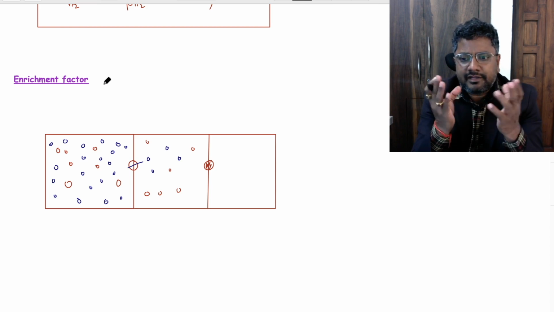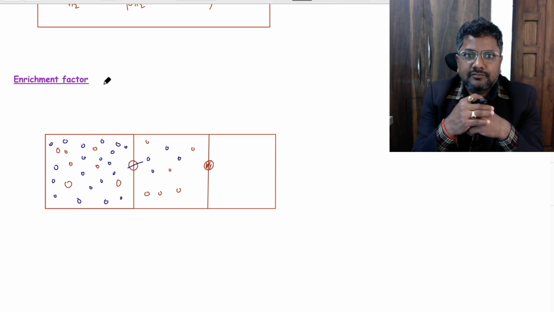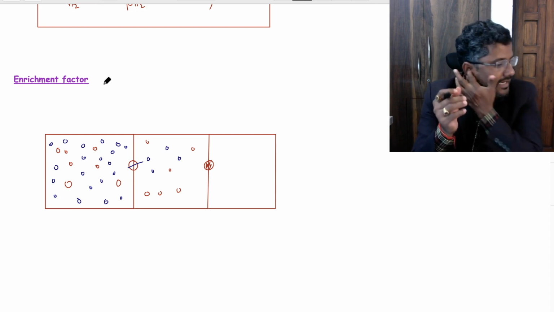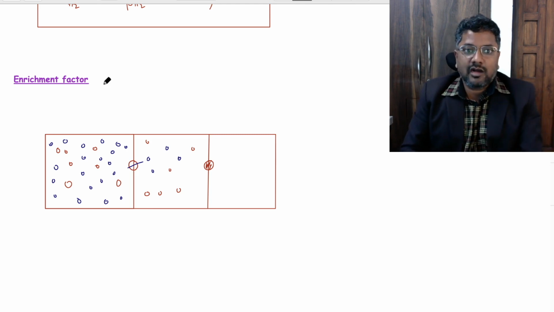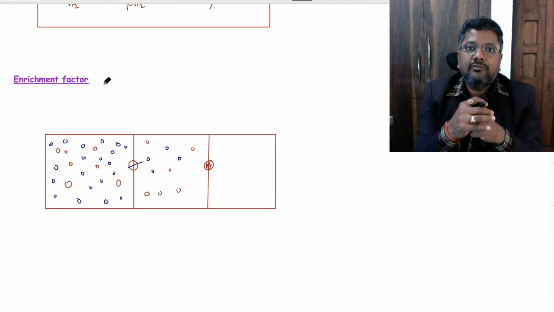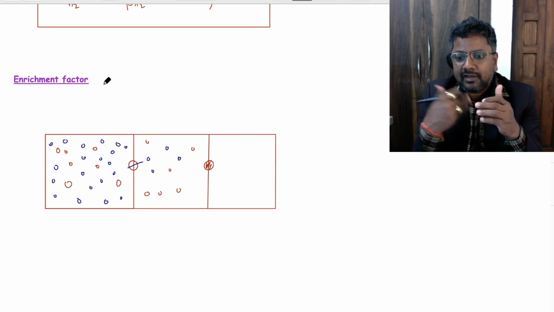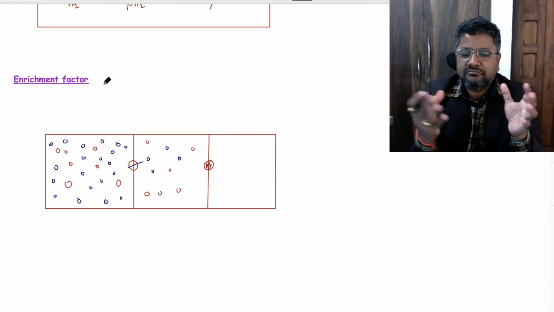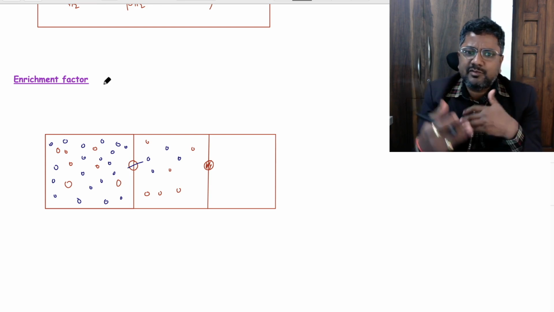Uranium 238 is more than 99% in nature, and in an atom bomb, the best fuel is 235. So how to recover this uranium 235 from the mixture of 235 and 238? This term is used, enrichment factor. So by applying Graham's law and an automated system, we are performing the same experiment many times.